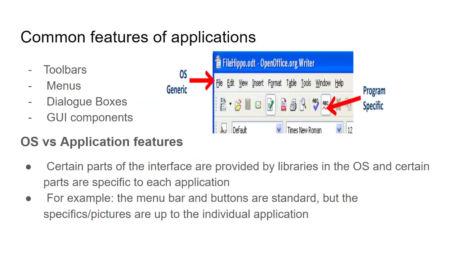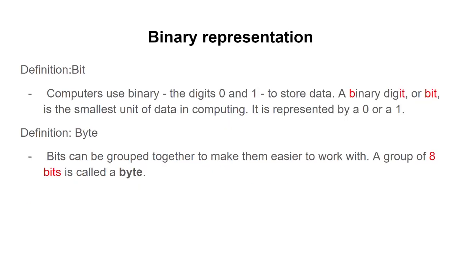Now a computer can understand something called binary, which is 0 and 1. This is the representation of data.